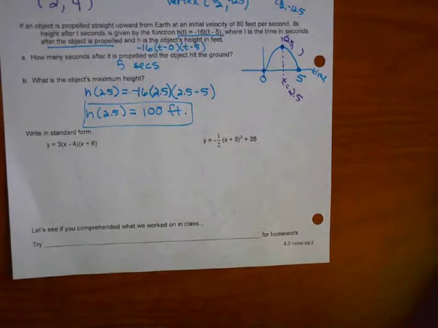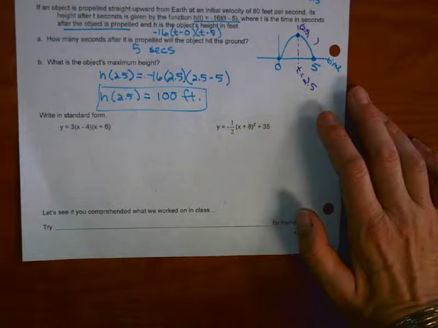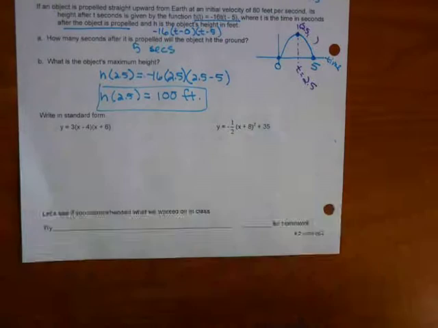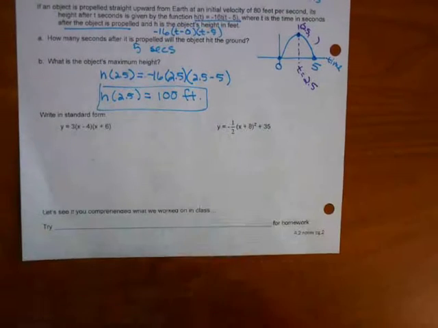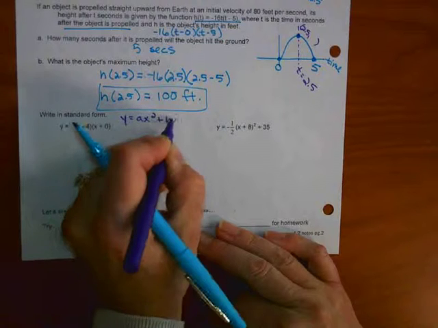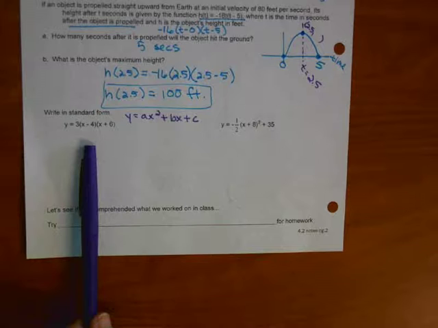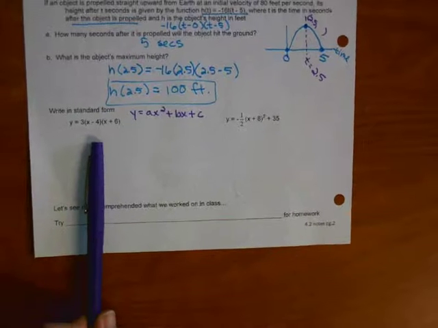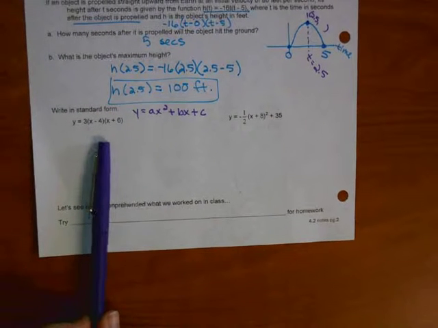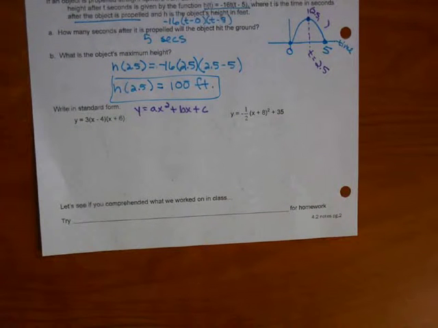Okay, almost done. Hey, what's standard form? No, that's the line. Is this in standard form? No, it's in what form? Intercept form. So we have to multiply it out and make it look like that. You start by foiling.